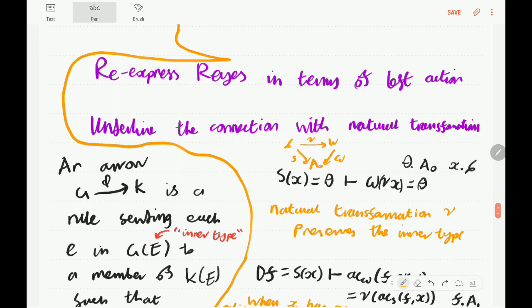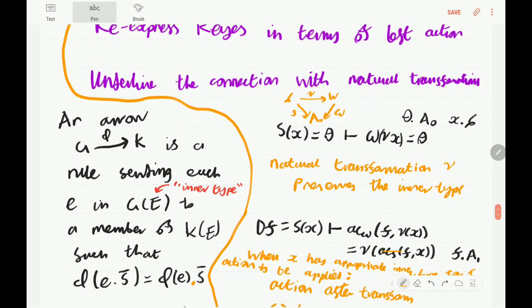Well, suppose we have a functor kind of like described by zeta and an s and action of s.